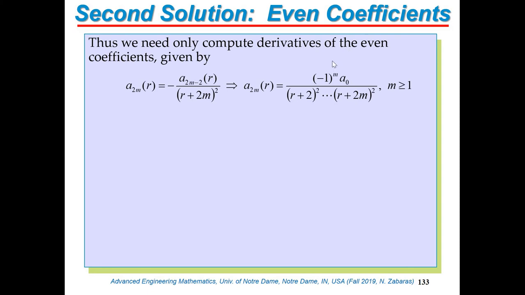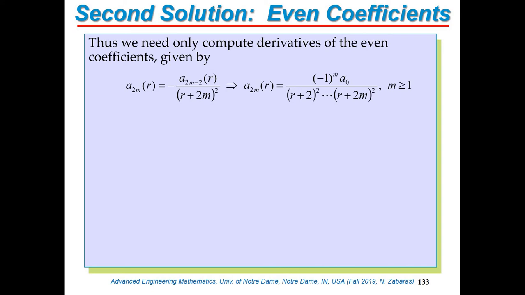All right, so this is the expression that we have for a2m, for m greater or equal to 1. And I am not going to do the derivatives here, but actually it's a simple one-to-two line type of calculation.